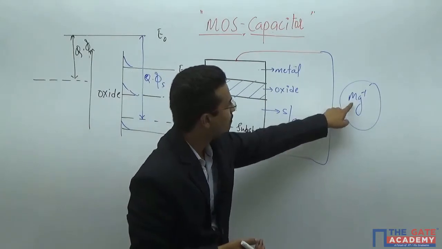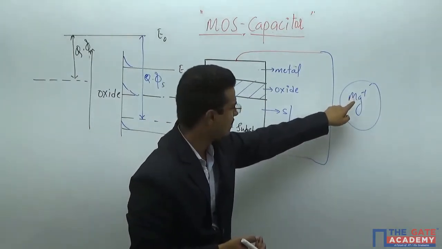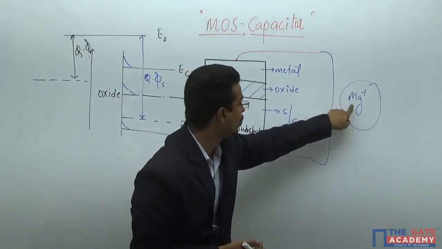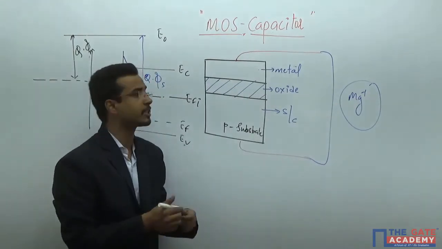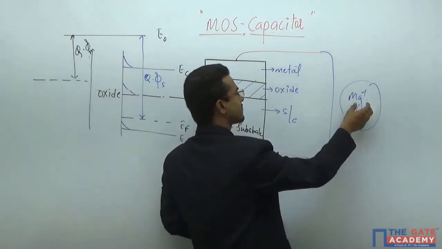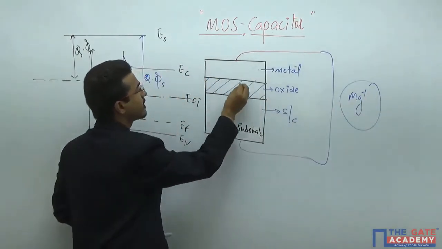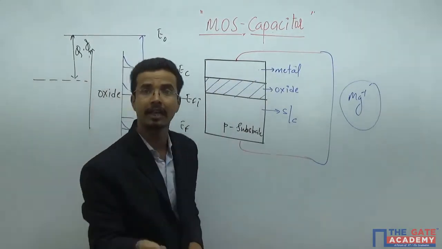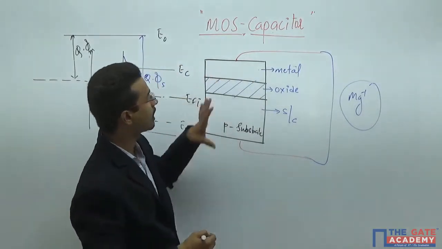The problem with this type of impurity is that it is soluble in SiO2. That means this particular fellow, Mg plus, can move easily inside this oxide, which will alter the electrical behavior of this particular MOS capacitor.